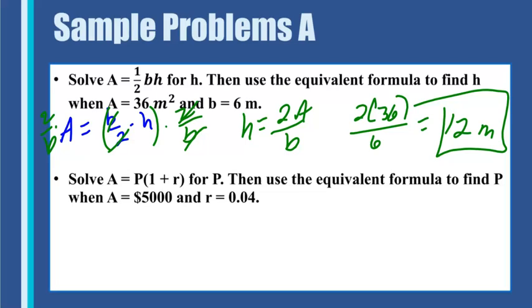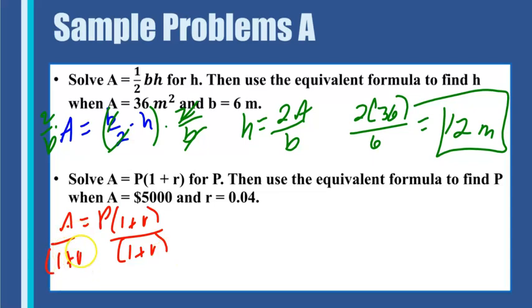Next, this would be simple interest. So we're going to solve for p. So A equals p times 1 plus r. To get p by itself, I'm just going to divide by 1 plus r on both sides. And p, the principal, is going to equal the account balance divided by 1 plus the rate.